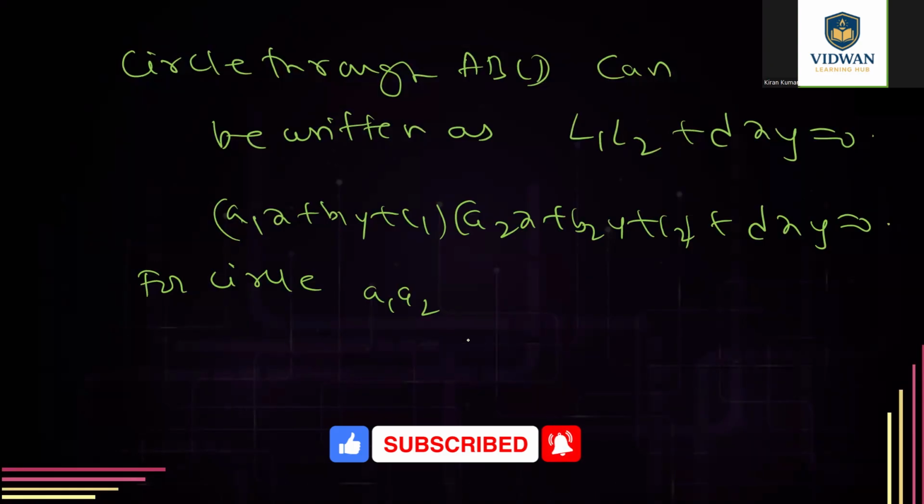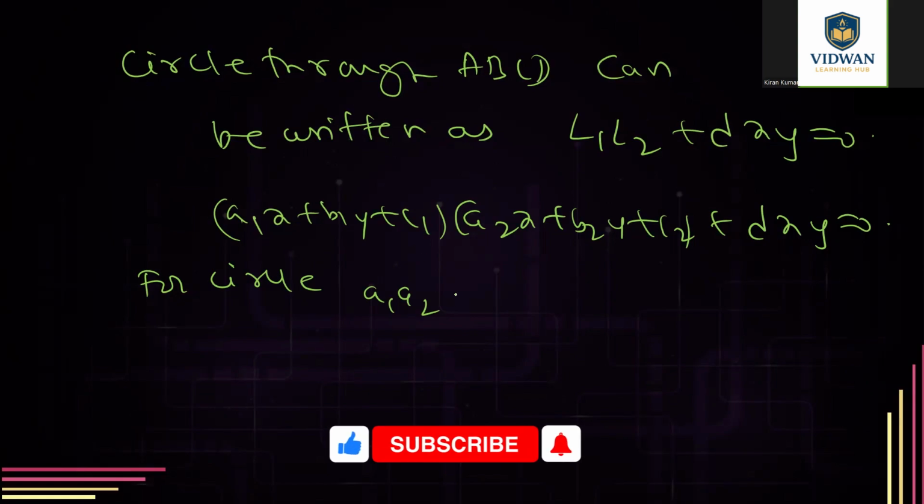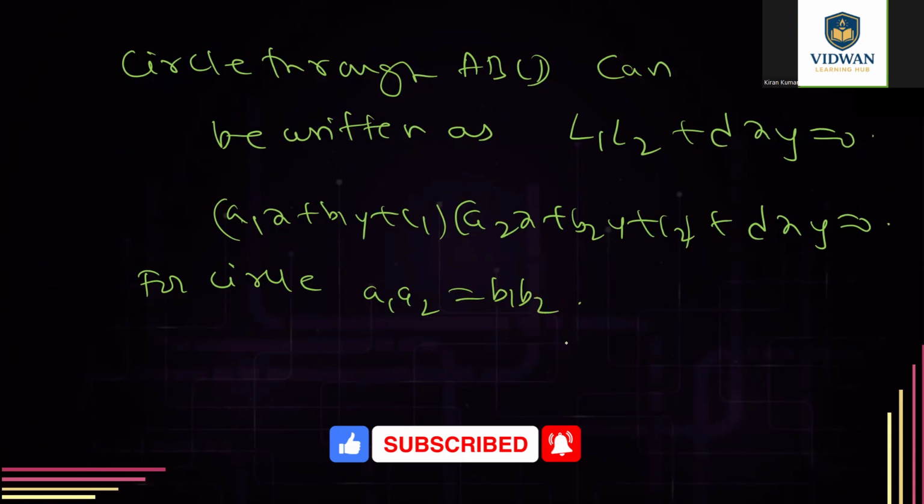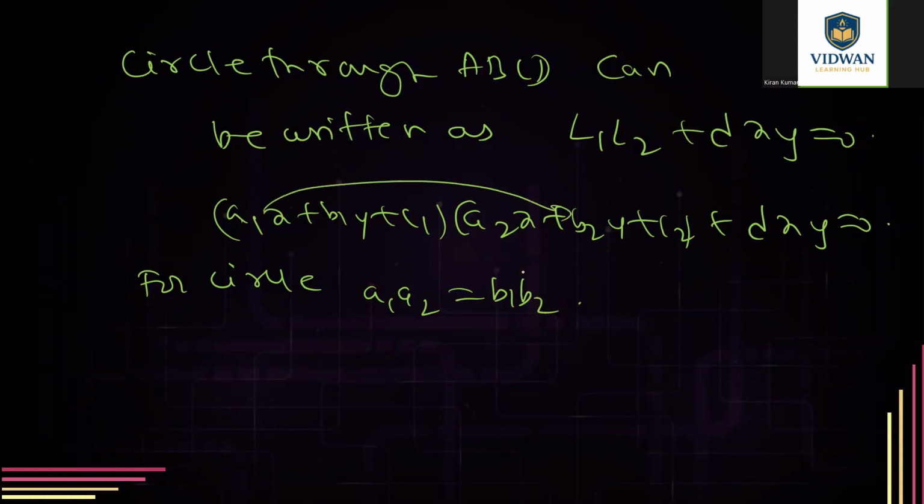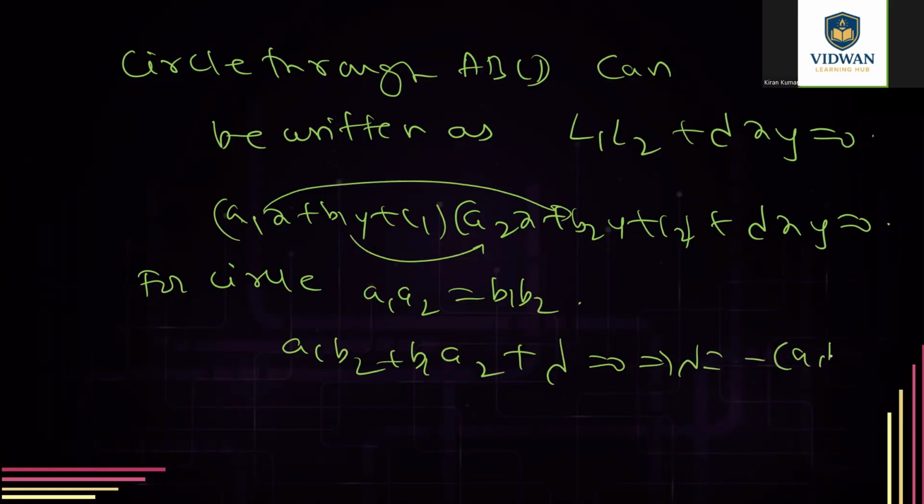So coefficient of x square equal to coefficient of y square. What do you get? A1, A2 equal to B1, B2. Already you know that. And what about xy term? It should be absent. XY term means you'll multiply this with this. So you'll get A1, B2 or this with this B1, A2 plus here it is lambda equal to 0. You get lambda from here. So lambda is equal to minus of a1 b2 plus a2 b1.